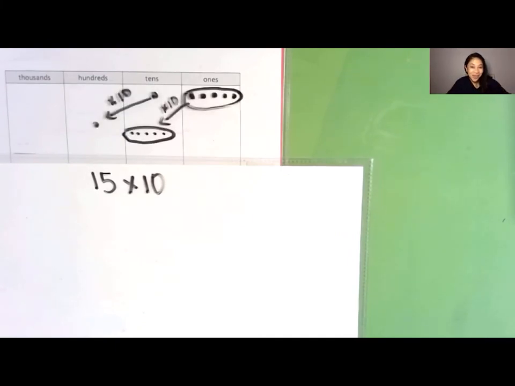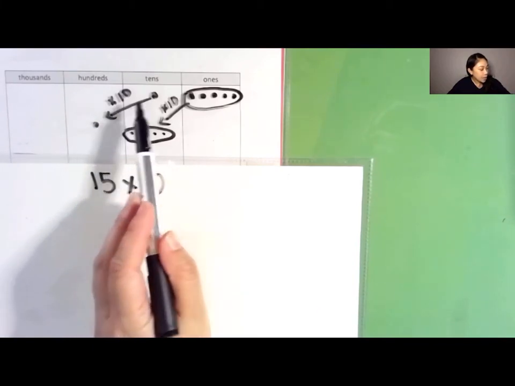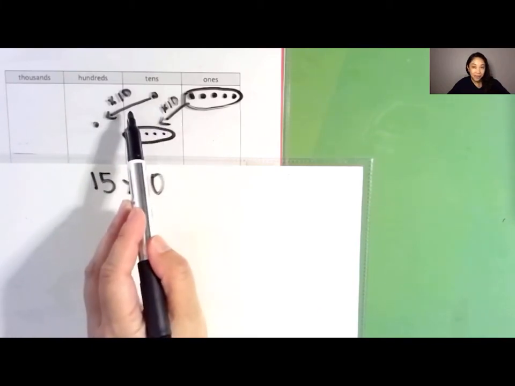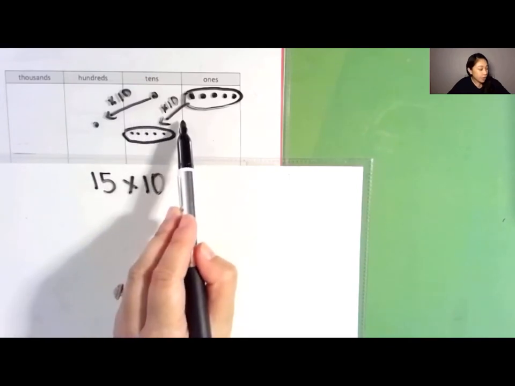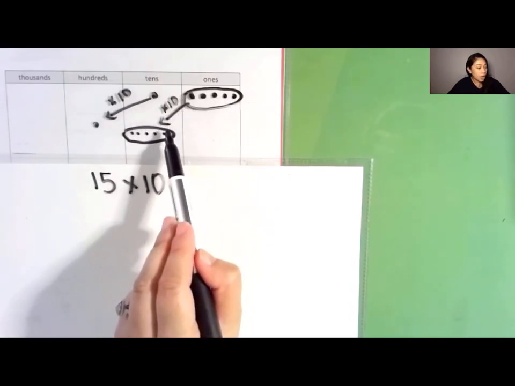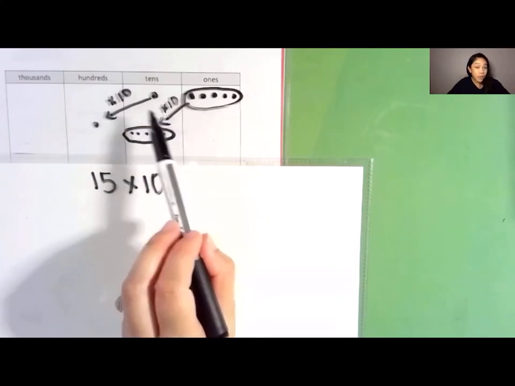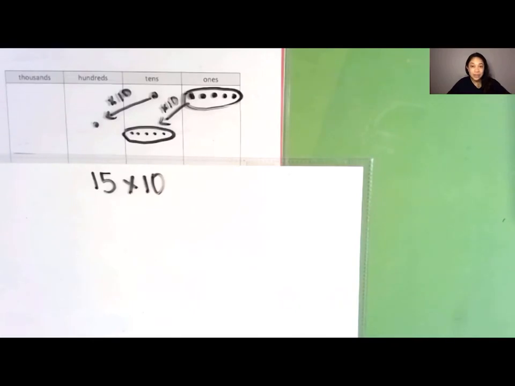How did you do it? Let's talk through what I did here on the board. Here you can see I drew an arrow to represent 1 ten times 10. I drew another arrow here to show 5 ones times 10. We need to multiply times 10 for each of our units.